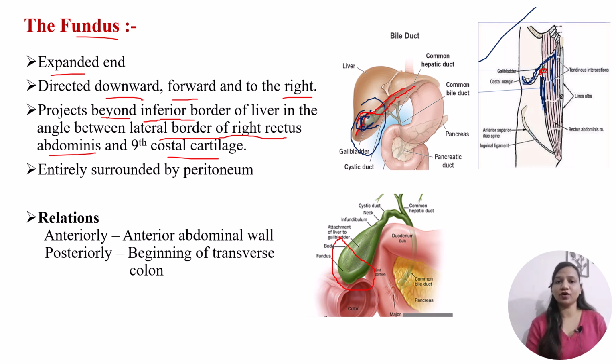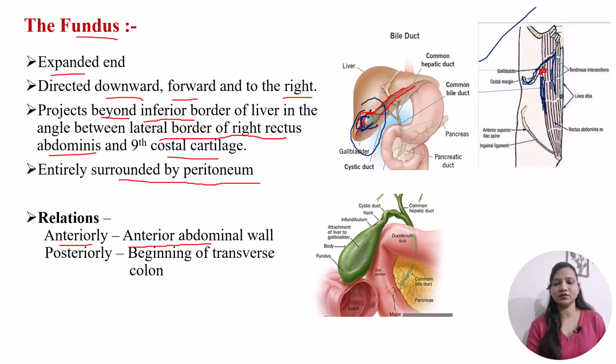And this part of the gallbladder is entirely surrounded by peritoneum. Now let's see the relations of fundus. Anteriorly it is related with the anterior abdominal wall.